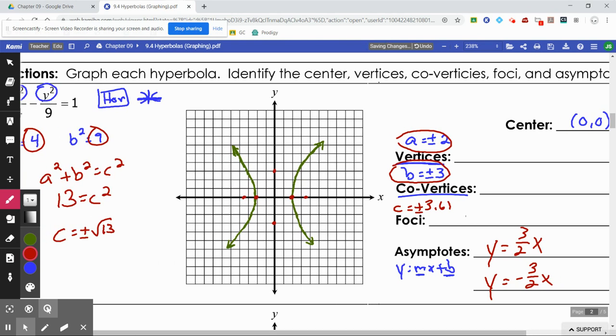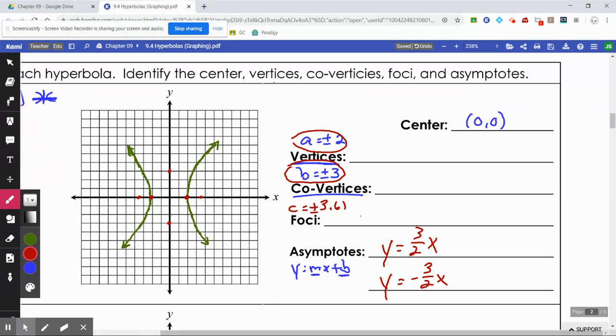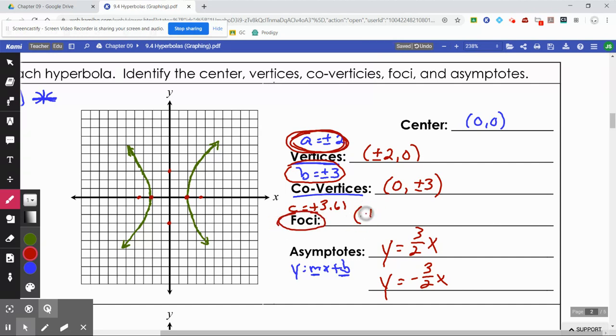So our actual vertices, we went from our center right 2 and left 2, and then up none. Our co-vertices, from our center, we went up 3 and down 3. So there's our co-vertices. And our foci, this is what I like to remember: our vertices and our foci are on the same axis, so they're going to look very similar. Left and right 3.61, and then up 0.